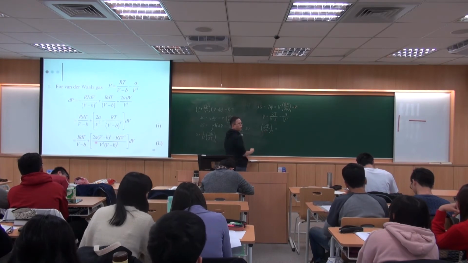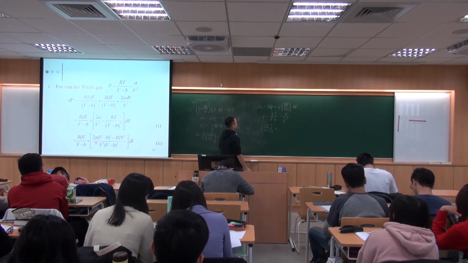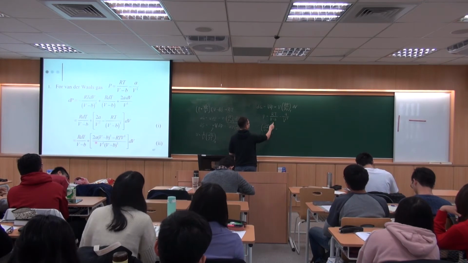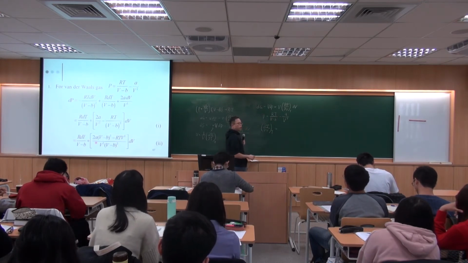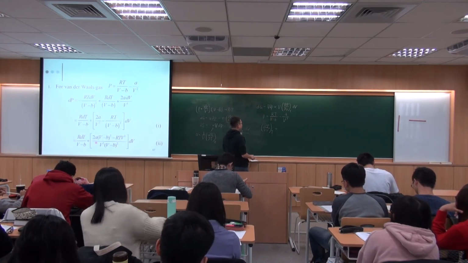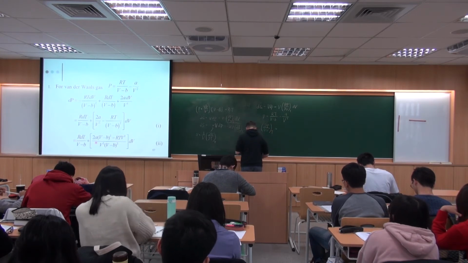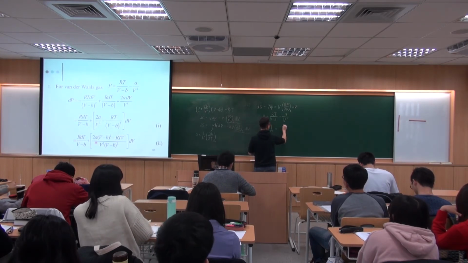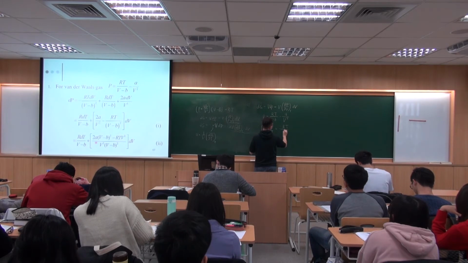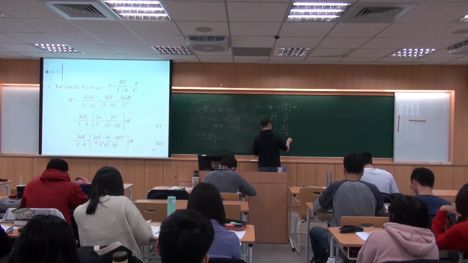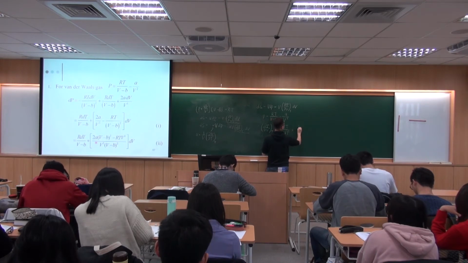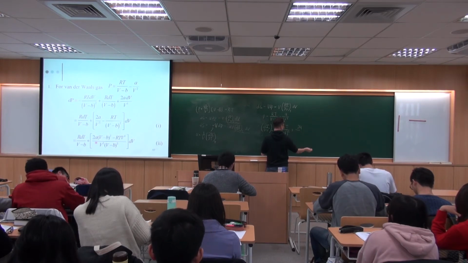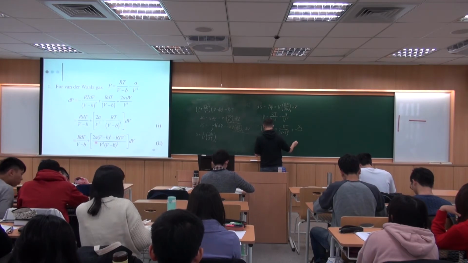You take the derivative against volume, and temperature is a constant here, so you don't have to worry about that. It's just a coefficient. So it turns out to be minus RT over V minus B squared, and this is plus 2A over V cubed.